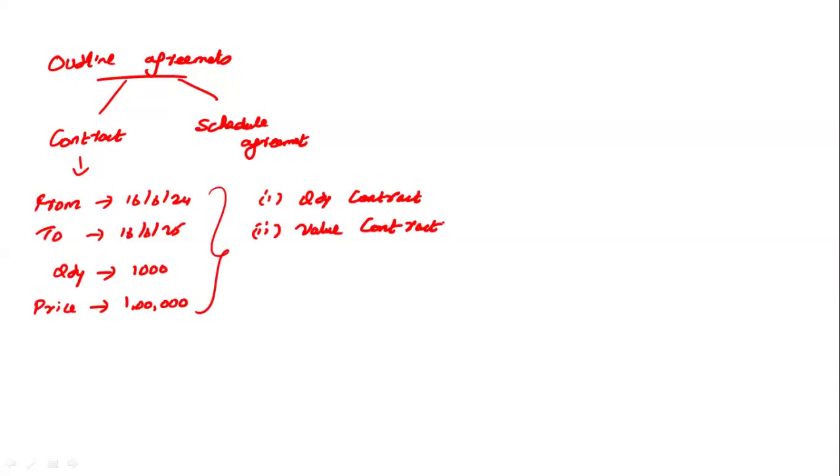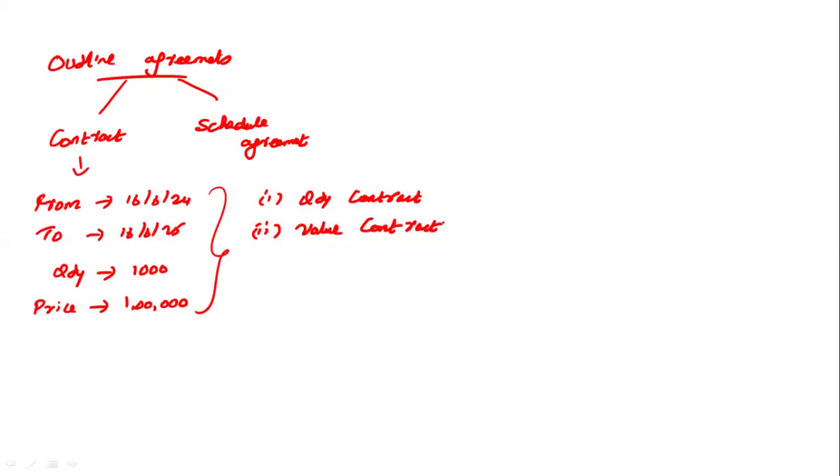Why do we have two types of contract? The business might have a requirement based on the quantity. If they want to purchase the material based on the quantity, then they can place a quantity contract. If they want to get the material based on the value, whenever the price is fluctuating, they can manipulate their quantities there. In that case, they go with the value contract.